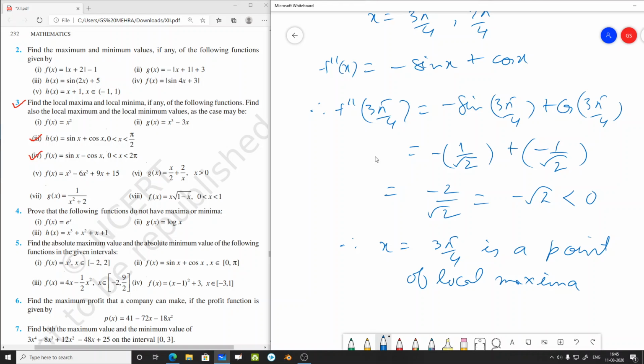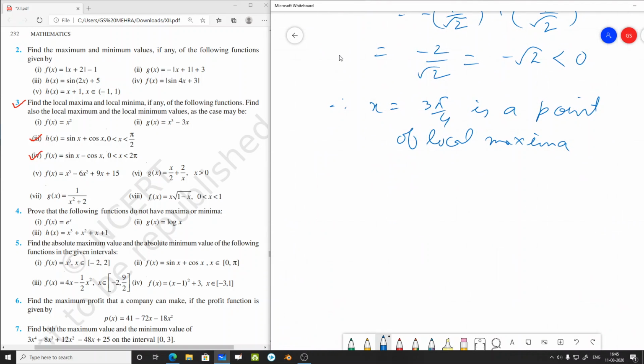And what is the local maximum value? We put the value 3π/4 in the function f(x).